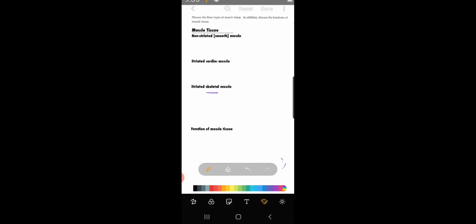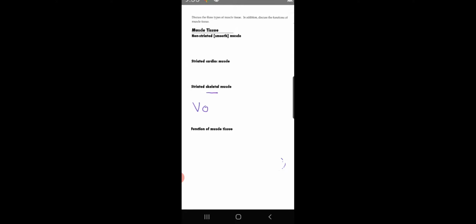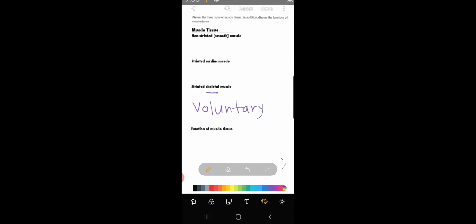Skeletal muscle, we know exactly what it is. It is the majority of the muscles in the body. They are voluntary muscles, so write that down. Voluntary muscles. We choose to move these muscles.